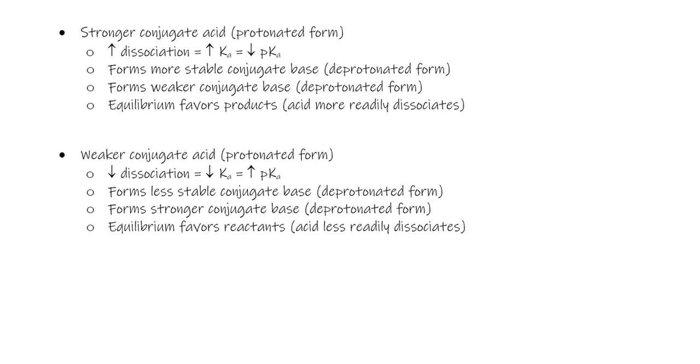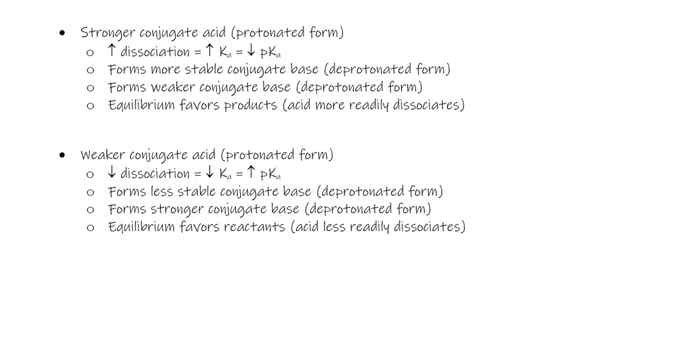Because this more stable conjugate base is stable, it is less likely to react as a conjugate base to accept an H+, which is what bases do. If the conjugate base is less likely to accept a proton, then it is by definition a weaker conjugate base. A stronger conjugate acid has a weaker and more stable conjugate base.